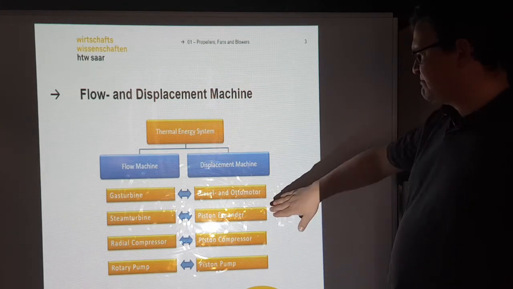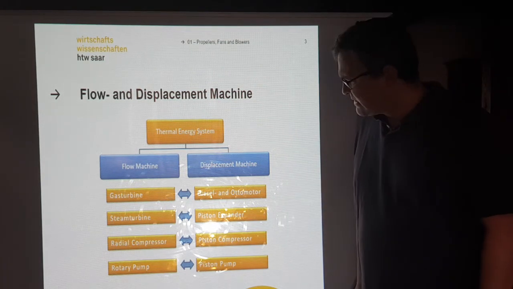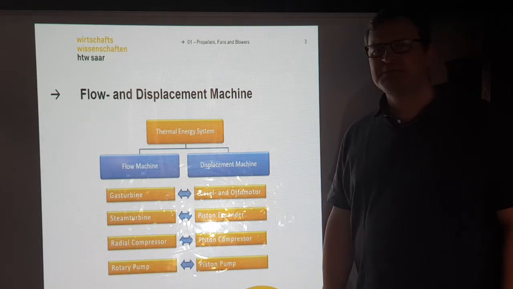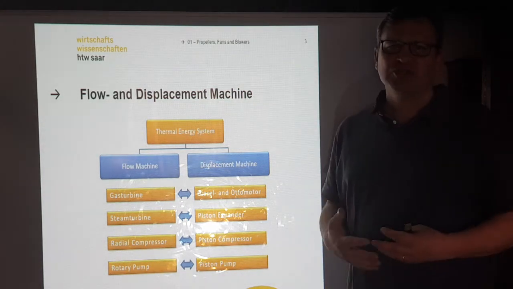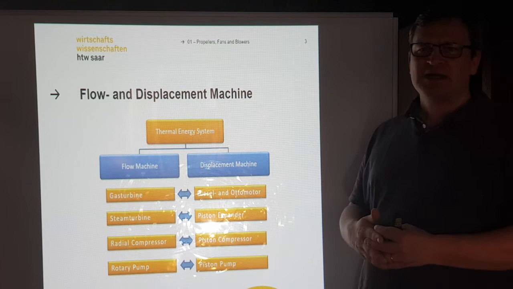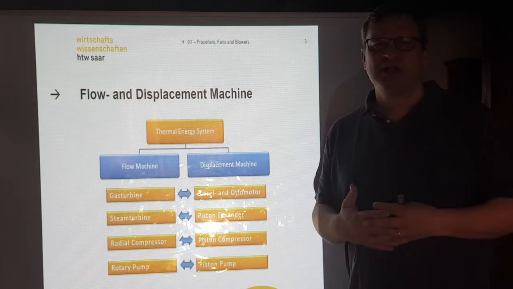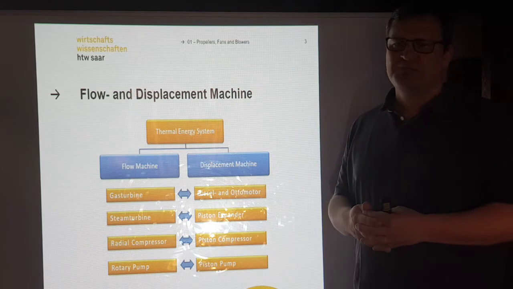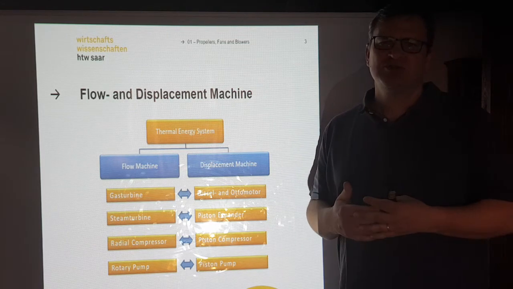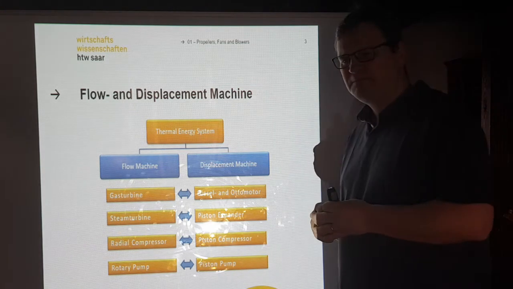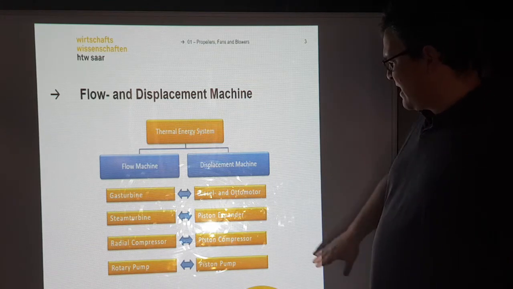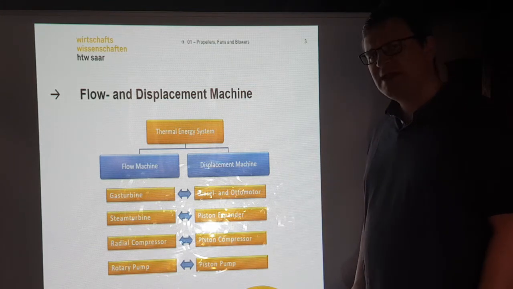And another big group is so-called steam piston expander. Piston expanders are not so well known nowadays, but they have been very much well known in the past at steam locomotive engines. Okay, we have piston compressors, or we can have piston pumps.